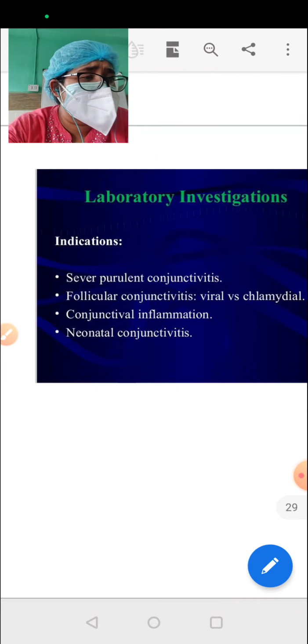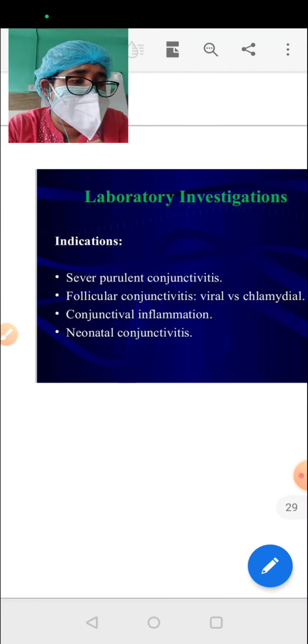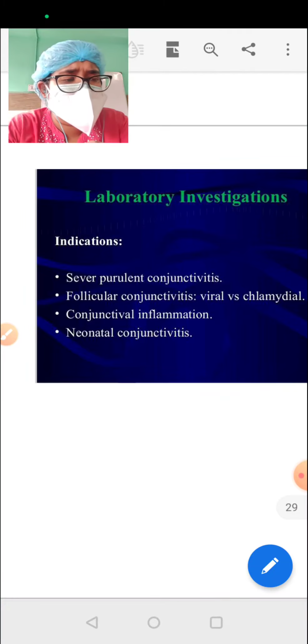Not only is it caused by Neisseria gonorrhoeae, a number of other agents are also involved. Chlamydia is involved, and some chemical agents are also involved. You will find it in the books.